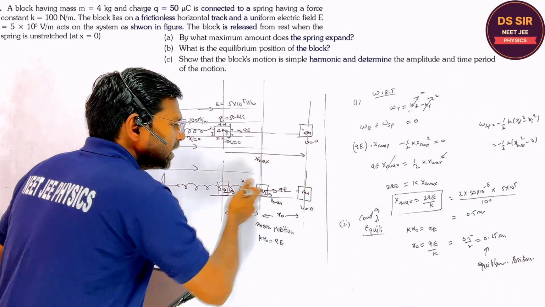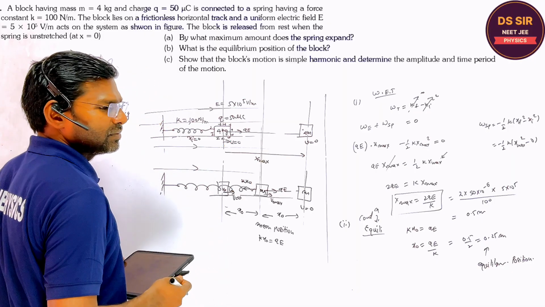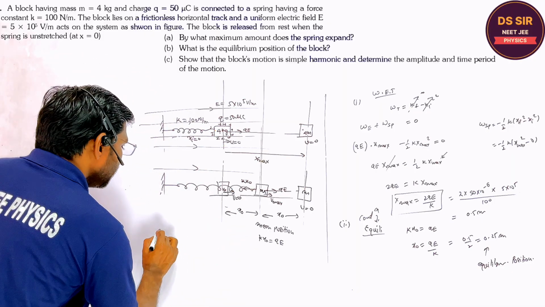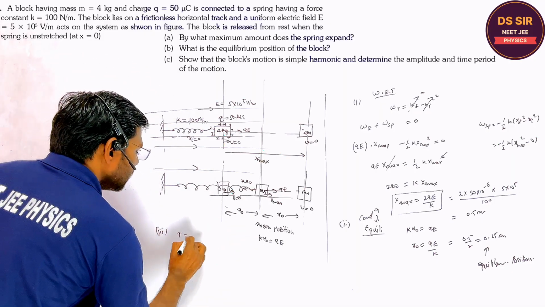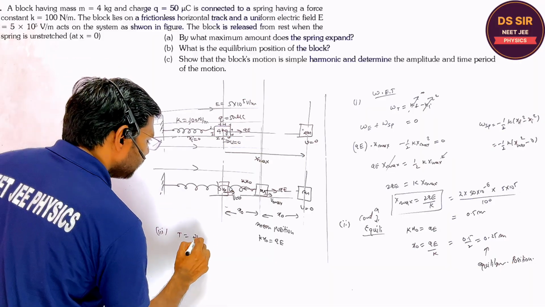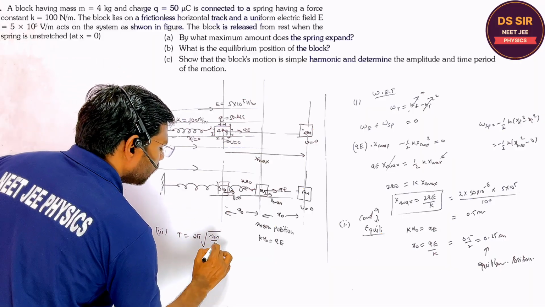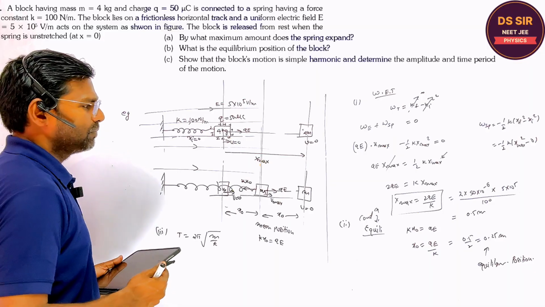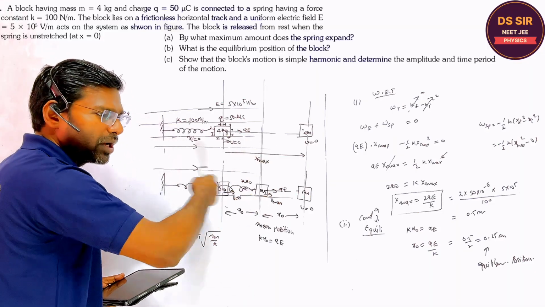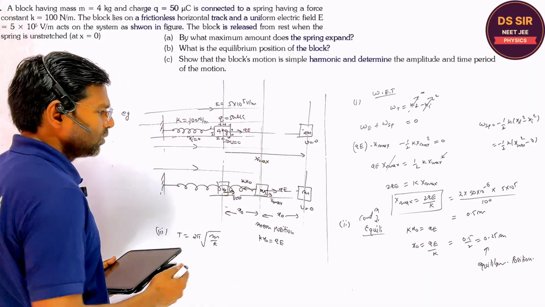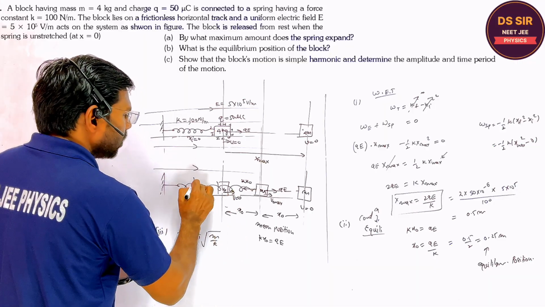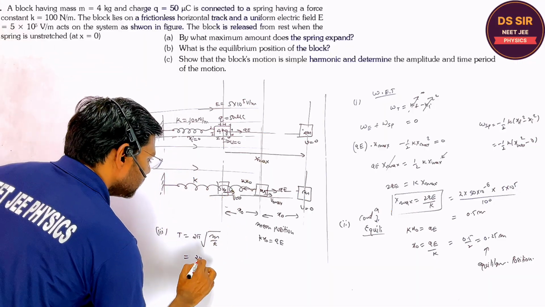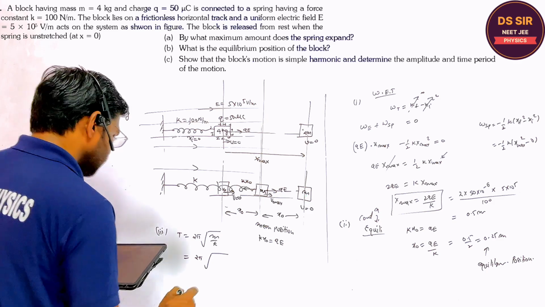Now, it will oscillate left and right, left and right, right? So what will be the time period of oscillation? In SHM, we have done the spring block system. Whatever the force, the time period of the oscillation does not depend upon the acceleration due to gravity and other forces present. It depends upon the mass of the block and the spring constant, and it is given by this. The mass of the block is 4 kg.